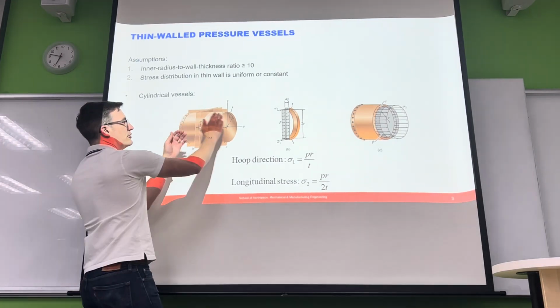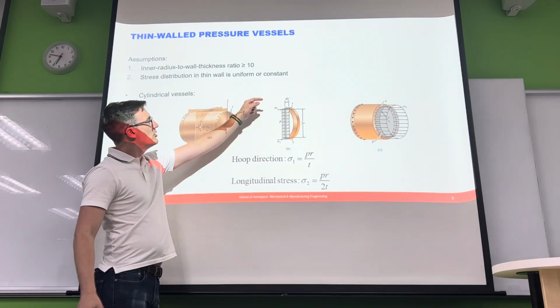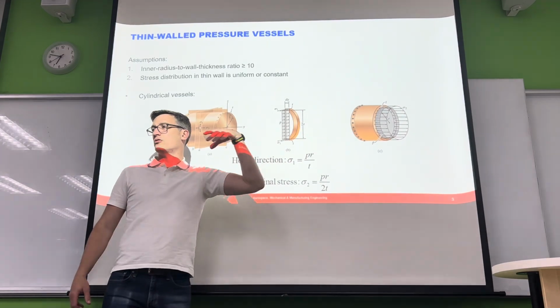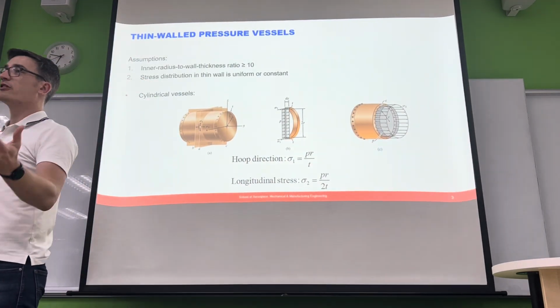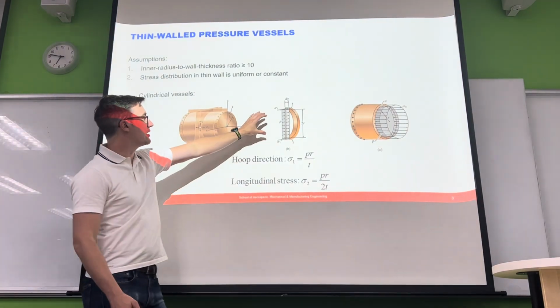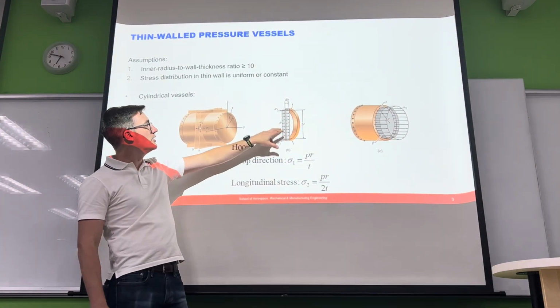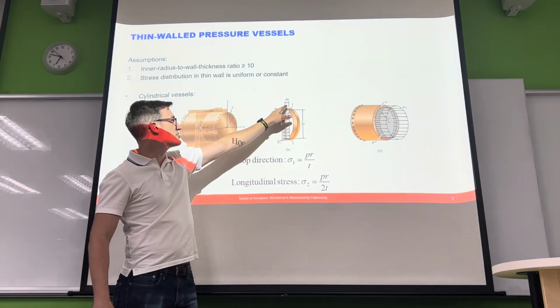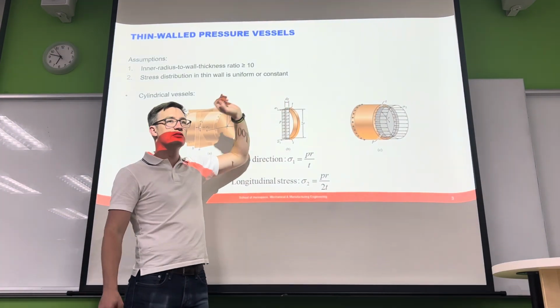So here we've cut off a little section. When we cut it through, we have the pressure that's being applied to that area. Force is pressure times area. So we have that pressure, we multiply it by the area, and then we have this stress over the small area, which is just the thickness times the height.